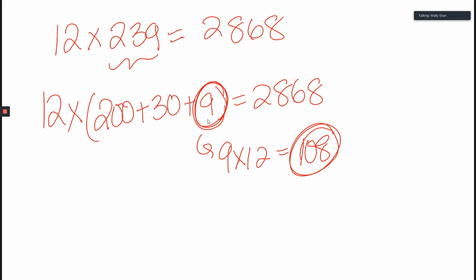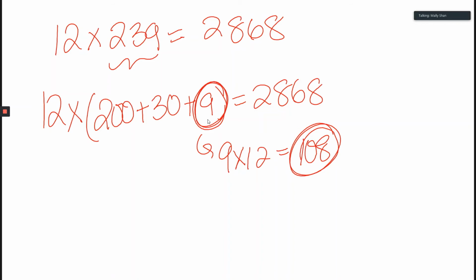Otherwise, what we'd be reverting back into is not looking at it in terms of groupings of 10s or 100s, but instead looking at it in terms of individual parts, which might make it more confusing. So the steps that we showed should make it more intuitive. The math is not hidden. We're taking out equal groups and keeping track of the total groups that are made.